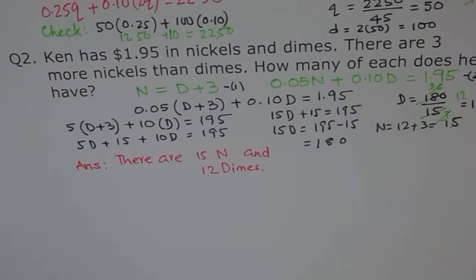Variables should normally be lowercase, but uppercase is also okay. So it is as per your convenience, right? But important thing is relevance of a variable with the word problem. So N for nickel, D for dimes, and Q for quarters was a very good choice.